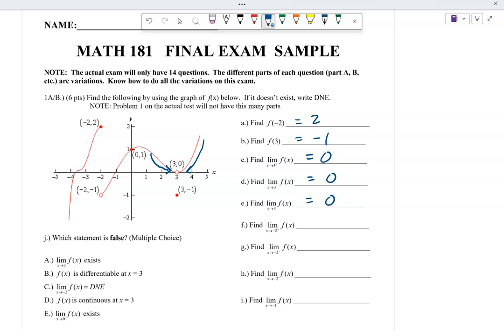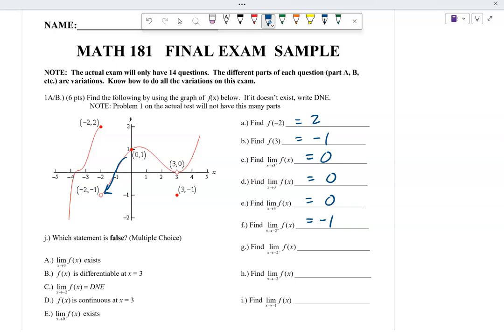of 0. Let's do it for x approaching -2 from the right, the next one, part F. As we approach -2 from the right, as we follow this function from the right, notice it is -1. I'm getting closer and closer to -1.